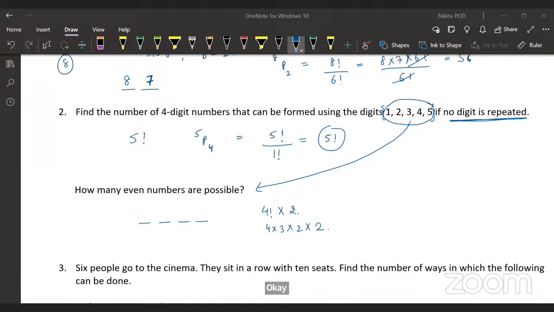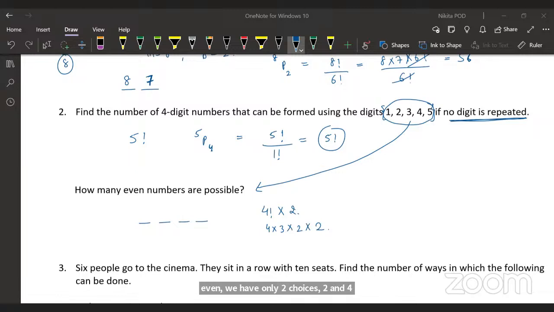No, I'm not asking for the answer, I'm asking what you're going to write. This is how I am visualizing it, ma'am. Out of the 5 digits, we need to form 4-digit numbers. For the last digit to be even, we have only 2 choices, 2 and 4.